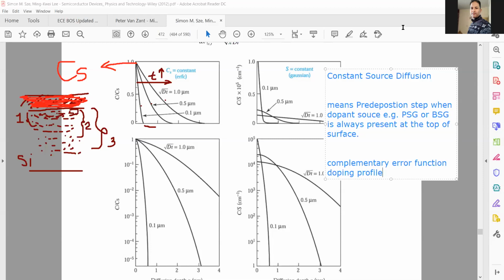So this is done with constant source diffusion.